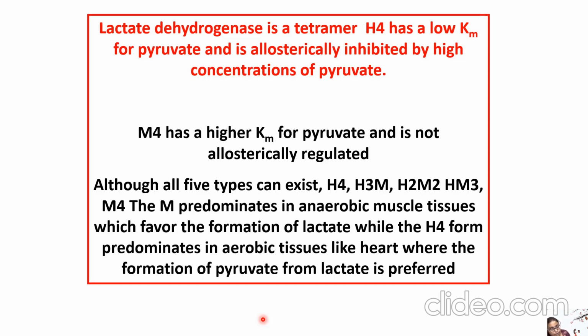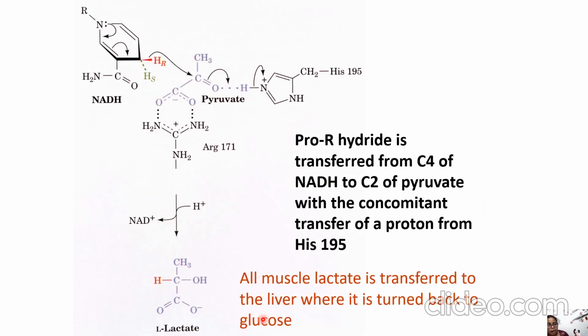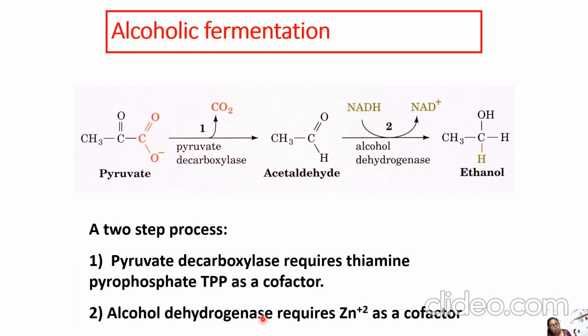So all 5 types can exist: H4, H3M, H2M2, HM3, and M4. The M, or muscle, form predominates in anaerobic muscle tissues, which favors the formation of lactate, while the H, or normal, form predominates in aerobic tissues like heart, where the formation of pyruvate from lactate is preferred. Alcoholic fermentation is basically a 2-step process.